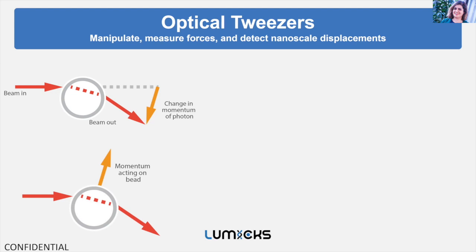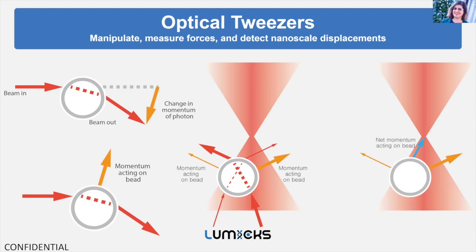So if you assume you have a highly focused laser beam and a polystyrene bead in proximity of that highly focused beam, the bead would feel a net force towards the center of the beam, as you can see in this diagram here. And basically, using this technique, you will be able to trap or hold on to small objects or any biological sample of interest, in this case, that we're going to talk about today.